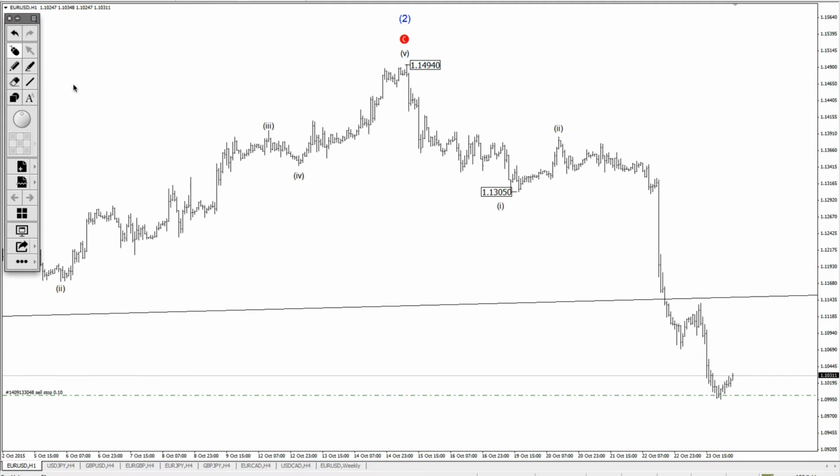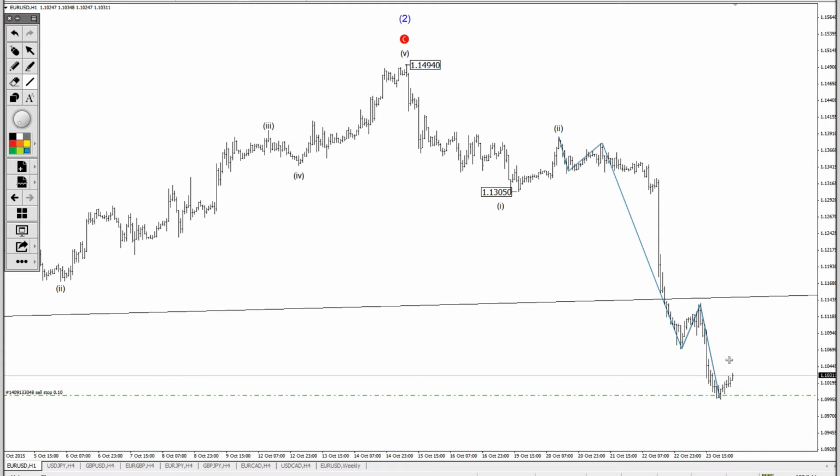So like I said, we have a 5-wave structure from the high of around 114, 113.9. We can see the 5-wave structure has formed quite nicely.